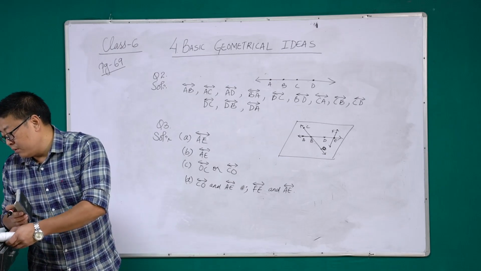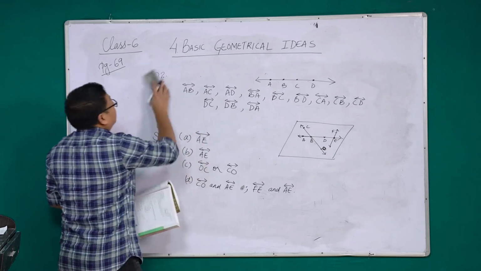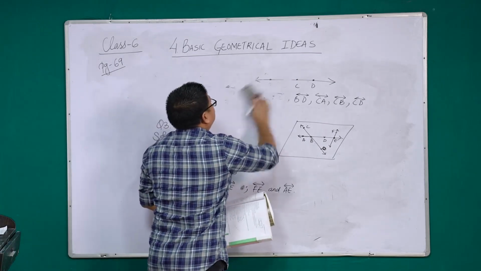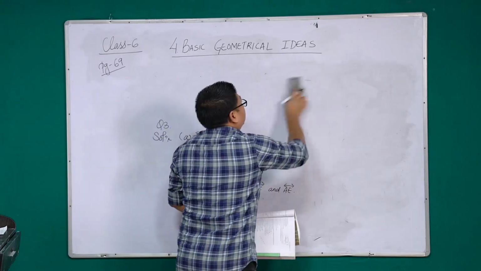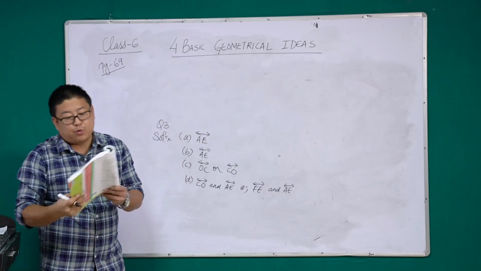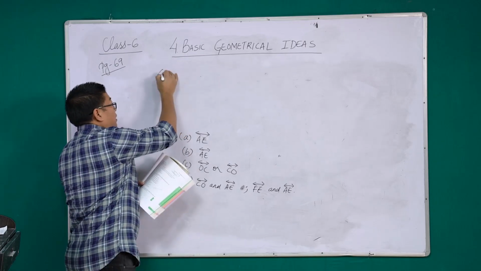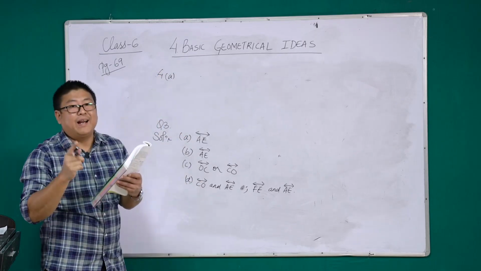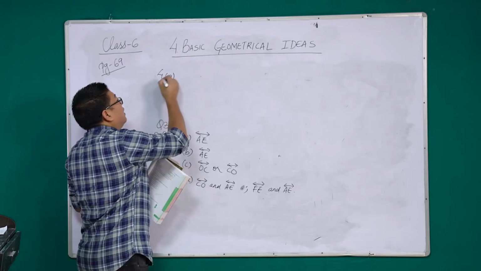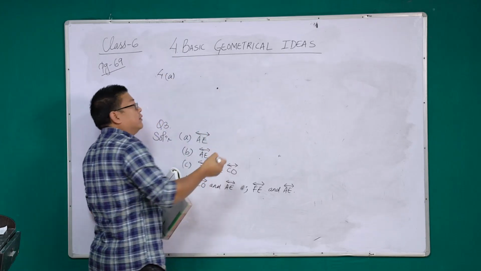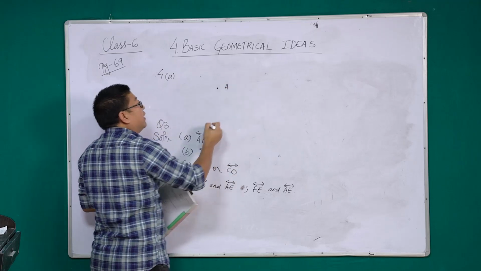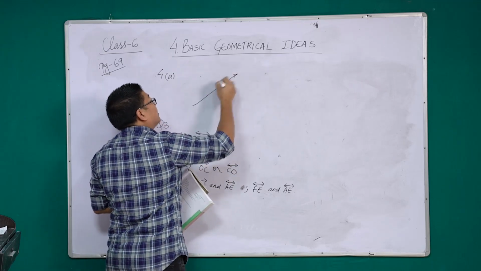Now, quickly finish up with question number 4. The question number 4 is quite simple. It reads, how many lines can pass through one given point? The first part, you mark a point, let's say A. Now you draw lines here.